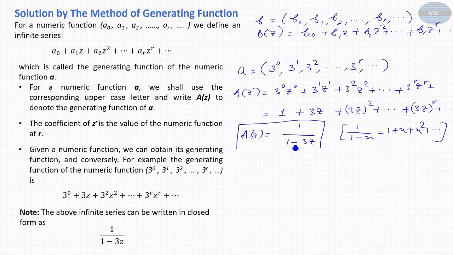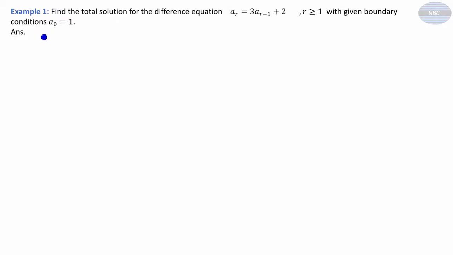Come to example 1. Here we have a difference equation of order 1. Let's write down the difference equation first. This is a difference equation of order 1 and we call it equation 1.